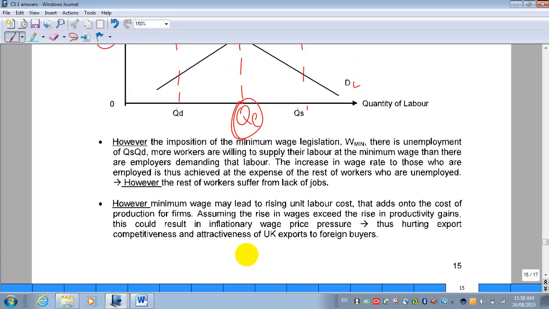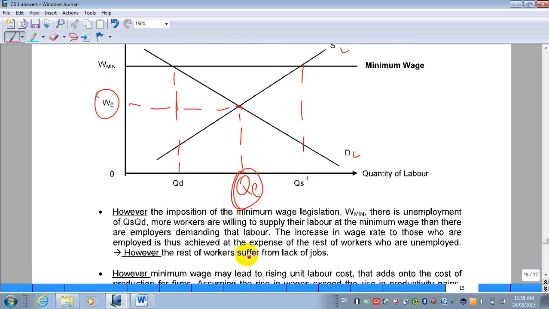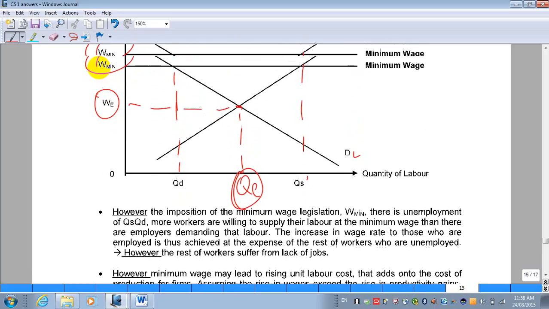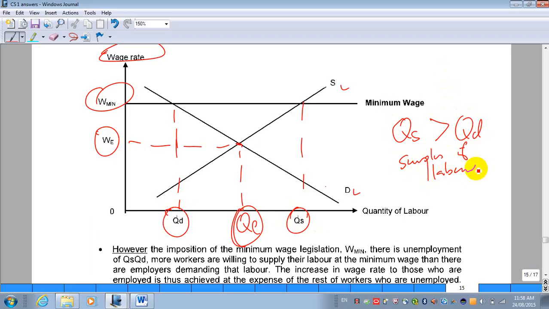So take note that with the imposition of the minimum wage, yes, workers who are hired, right, they are paid a minimum wage of WMIN. But at that minimum wage, you can see that quantity supplied of labor exceeds quantity demanded of labor. There is a surplus of labor. A surplus of labor means that there are people who want to work, but they don't have a job.